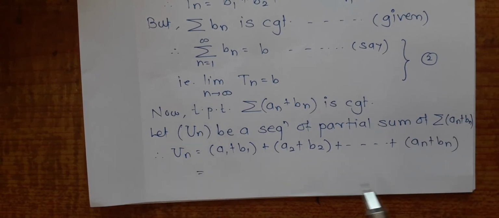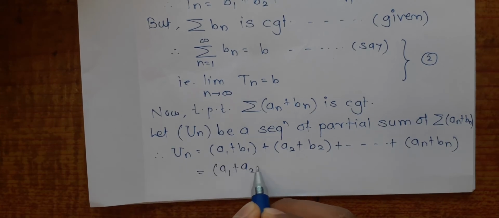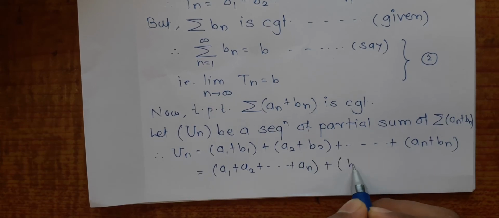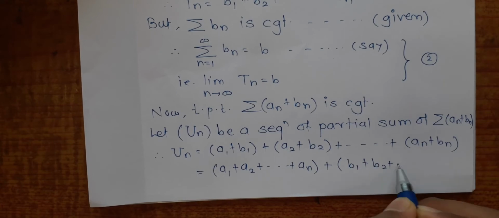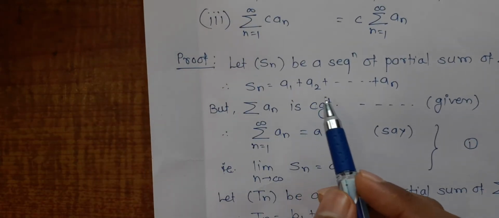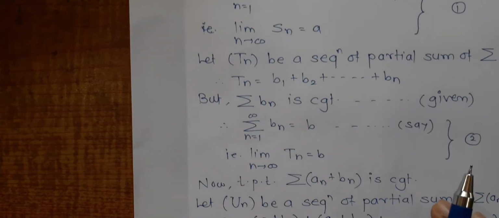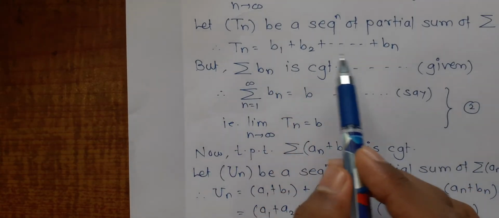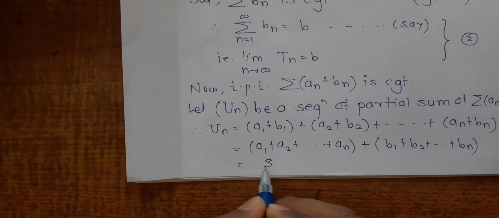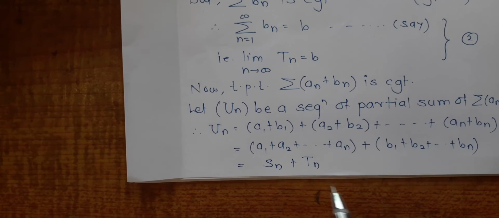I will collect all the a's first, a1 plus a2 plus and so on up to an, and after that all the b's, b1 plus b2 plus and so on up to bn. But a1 plus a2 plus up to an is nothing but Sn, and b1 plus b2 plus up to bn is nothing but Tn. So Un is equal to Sn plus Tn.